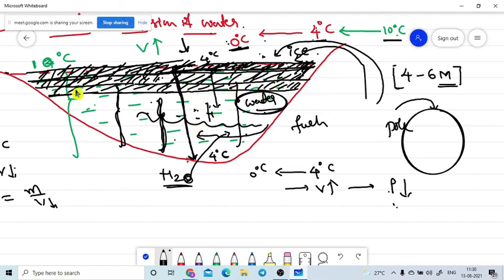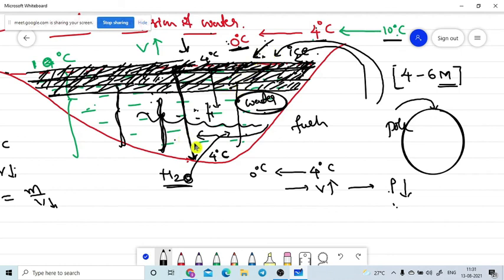Even when the top layer of the water is frozen, it is not possible to freeze the entire water of the pond, the entire water of the river, the entire water of the sea. We cannot freeze it because we are unable to supply that much low energy to the river.